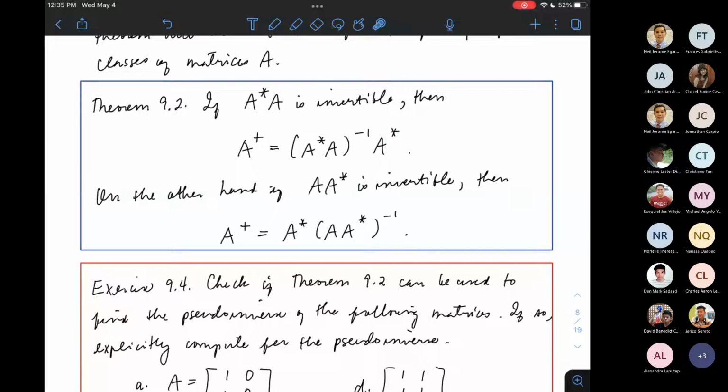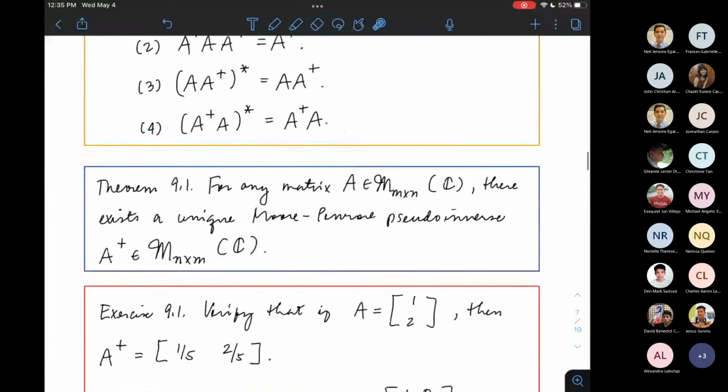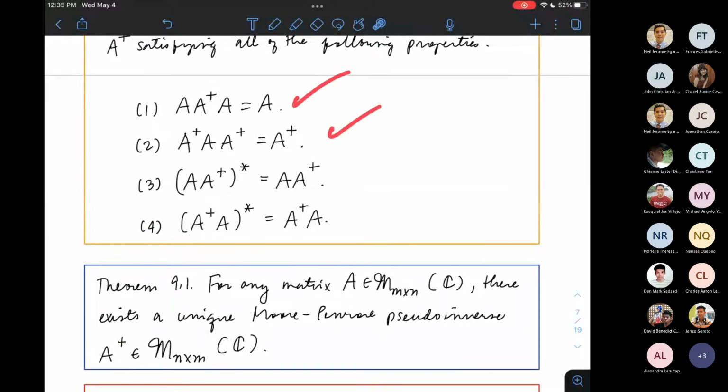Okay? Now, you can prove this using the definition. So, assume mo na si A star A ay invertible. Dahil invertible si A star A, nag-exist ito, yung factor sa left. Tapos kung nag-exist yan, edi mako-compute mo si A plus. Alright? Tapos itong expression na to para kay A plus, i-plug in nyo dito sa apat na yan.